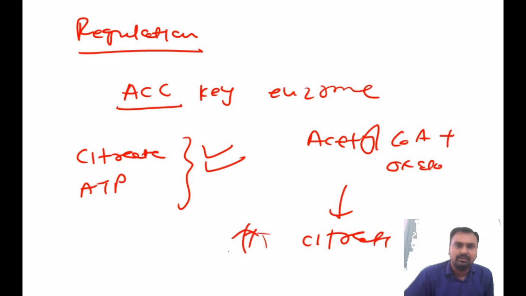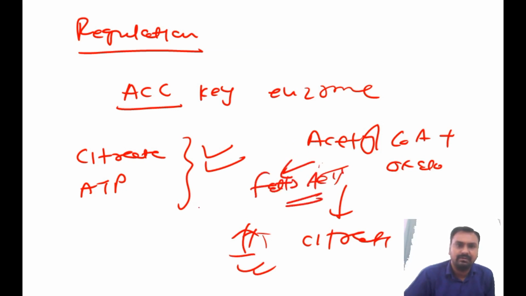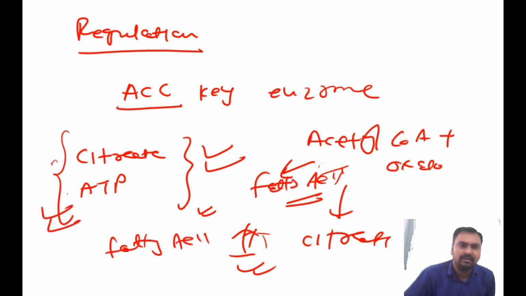So when more citrate is there, it will channel this acetyl CoA to the fatty acid synthesis. With more ATP, the cell knows it doesn't require further energy, so it will channel to fatty acid synthesis. So citrate and ATP will favor fatty acid synthesis.